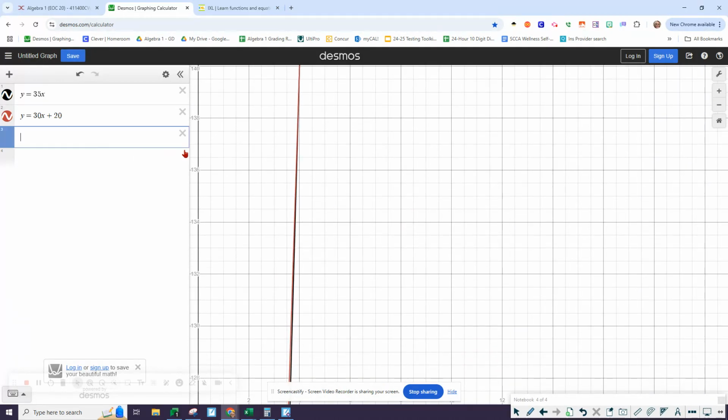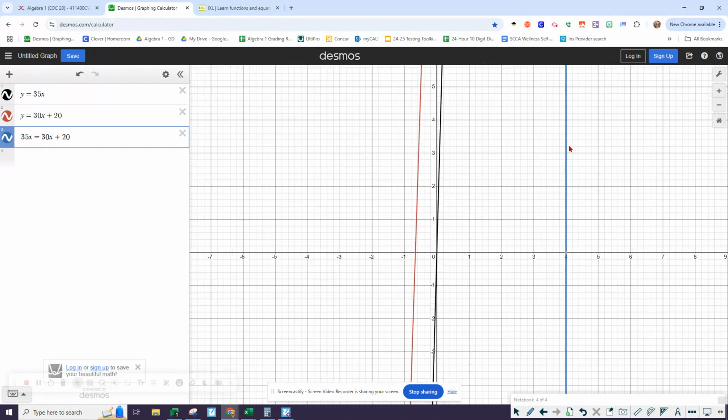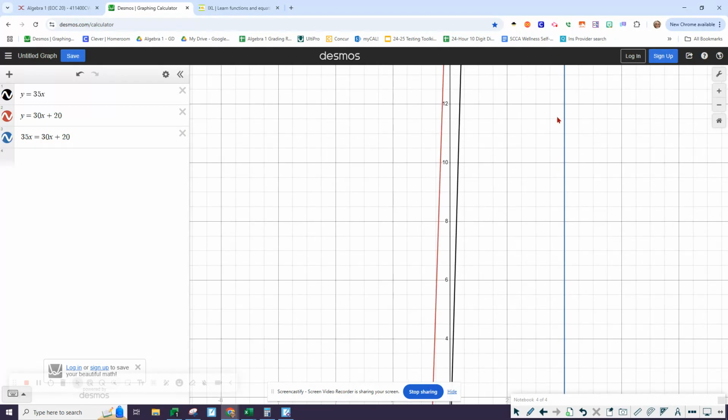You know that if you type in 35x equals 30x plus 20, it's going to go on your x-axis and it's going to tell you where the x is. Where x is 4 is where they meet. So I'm going to go up to 4 here and see where my y value intersects.